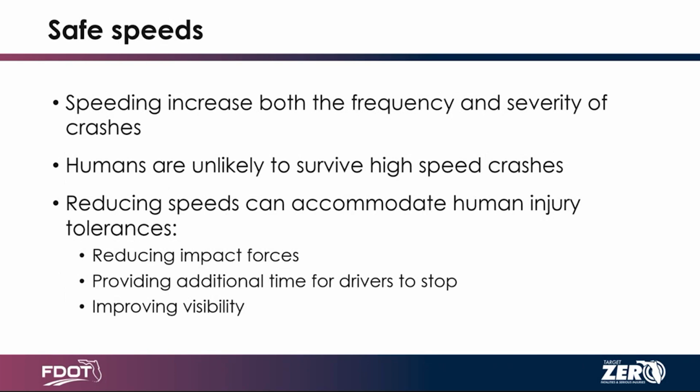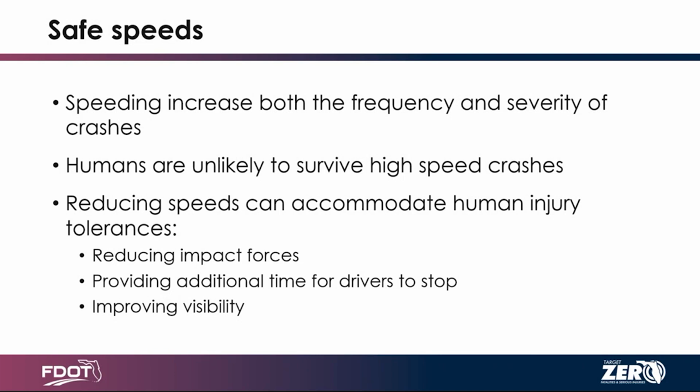Safe speeds is the third element. Speed is a really big part of this. When we think about the low tolerance of the human body to suffer those impacts, a lot of the things that we're talking about can be solved with speed, right?